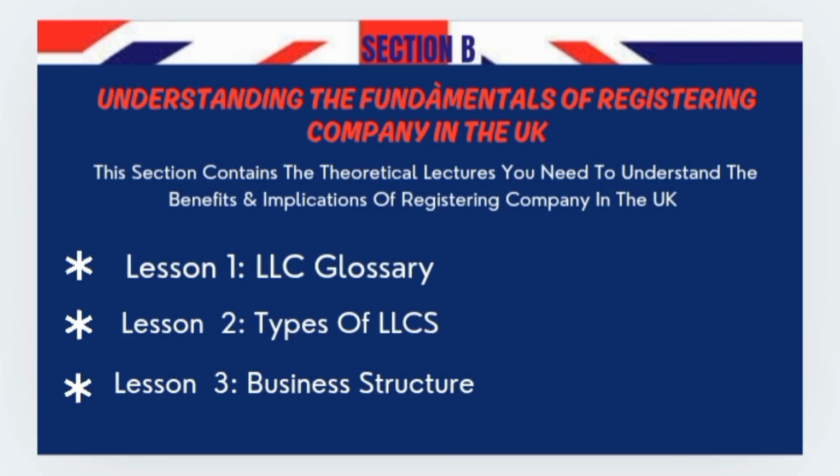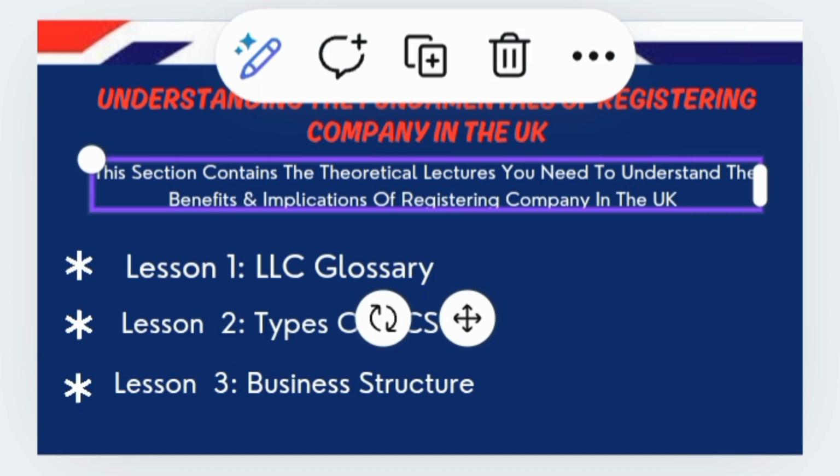Then we move to section B. Section A deals with US registration, and section B deals with UK registration, understanding the fundamentals of registering a company in the UK. This section contains the theoretical lectures you need to understand the benefits and implications of registering a company in the UK.